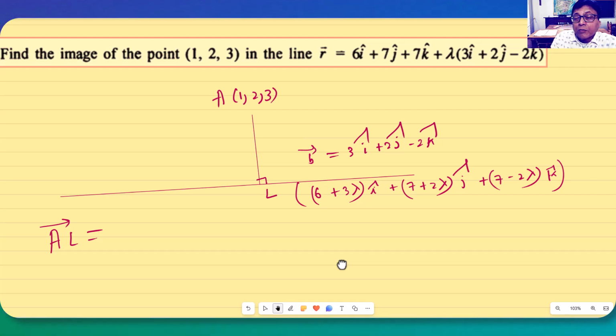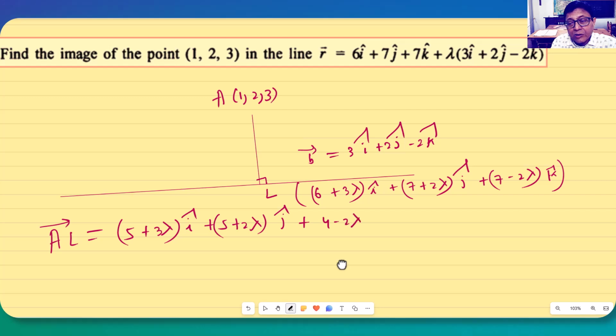Either you follow vector method or scalar method. So L vector, position vector of L minus A, 5 plus 3 lambda i cap and 5 plus 2 lambda j cap and 4 minus 2 lambda k cap. Clear? Now we got the vector AL.